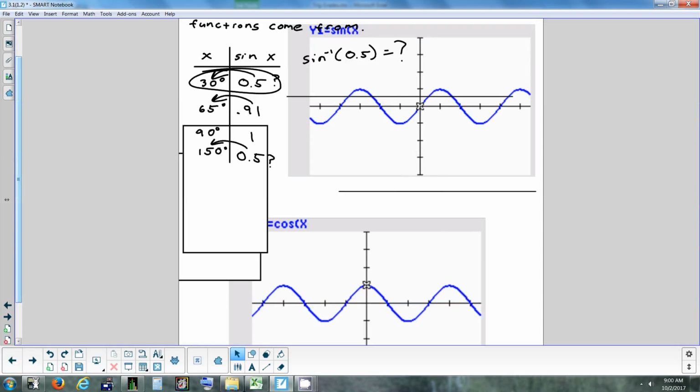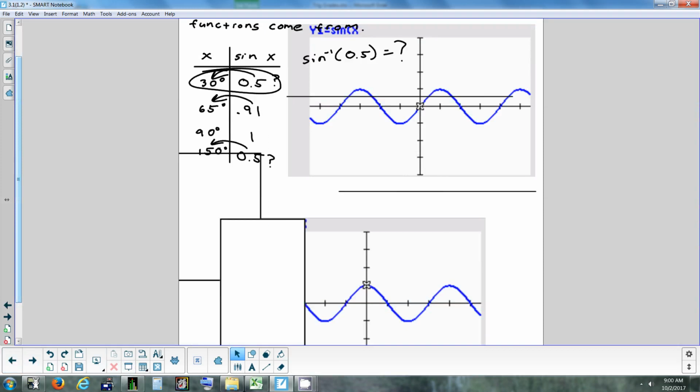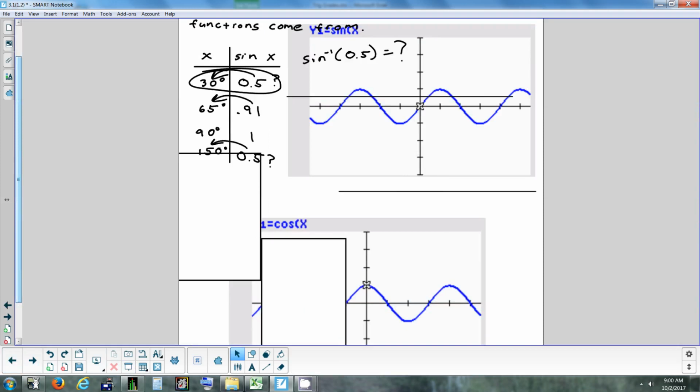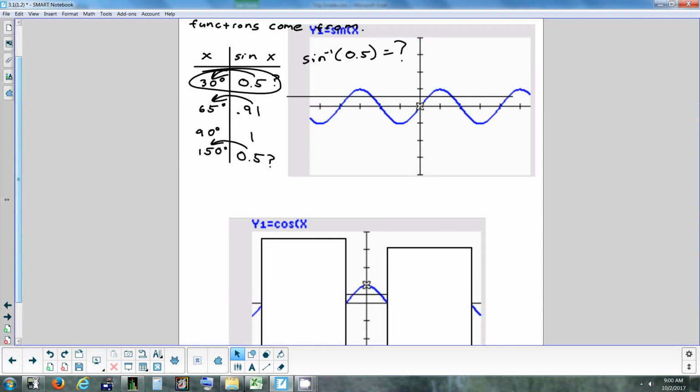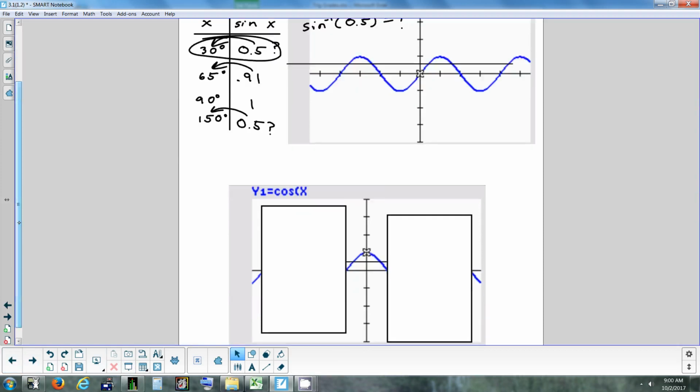Let's try the same thing. Let's try negative 90 to 90 and see if that would only give us 1 answer. So here's my line. I'm putting it right there. Remember, we only want the line to cross 1 time. So Emily, does that work? Does it only cross 1 time?